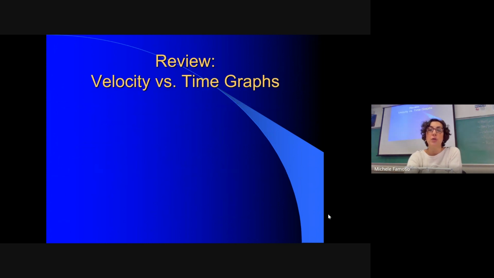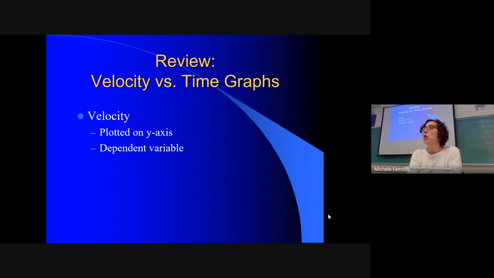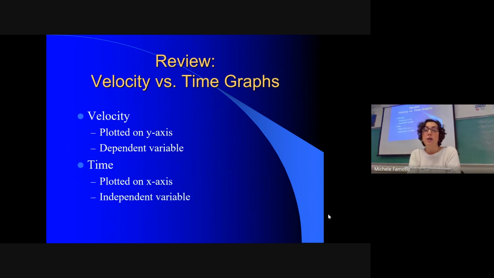So let's do a little review, because some of these we've already learned how to do. Remember that velocity on our graph will be on the vertical axis, and it is our dependent variable. That is review from what we learned back at the beginning of Unit 2. Time, of course, since it's second in the title, indicates it's going to be on the horizontal axis of our graph.